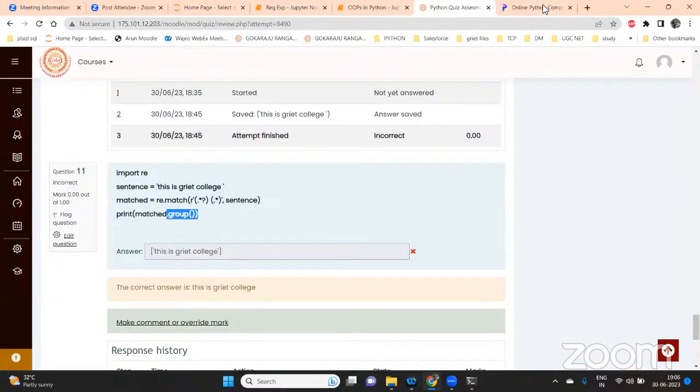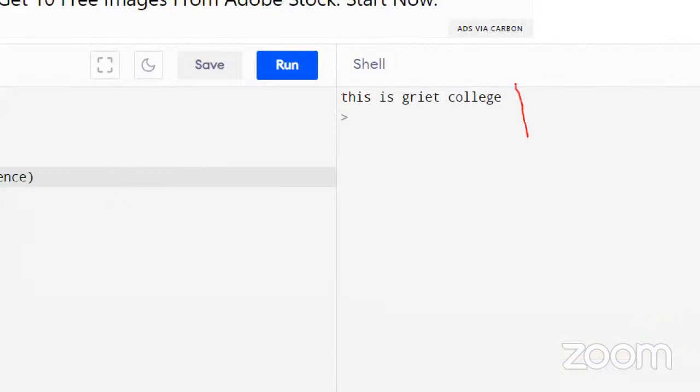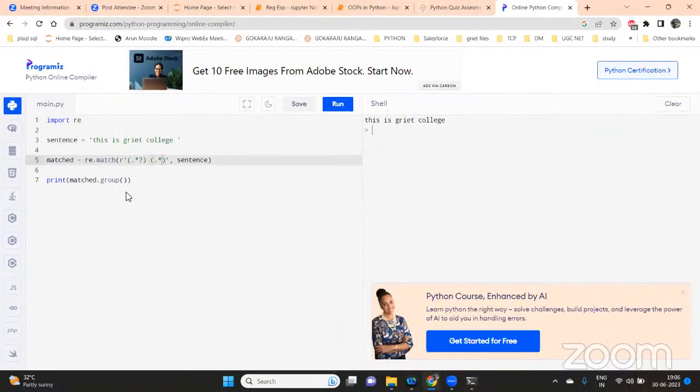Dot star. Is there any bracket here? So what does this signify? The group function will return the matched characters as a string, correct?